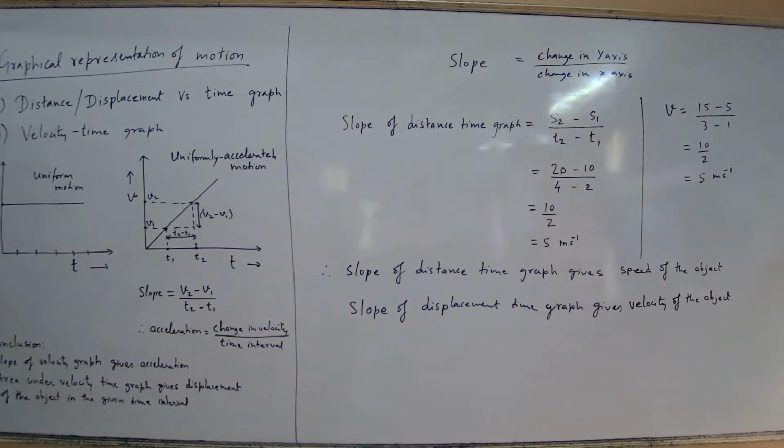Okay. So the area of the velocity time graph gives the displacement of the object in the given time.